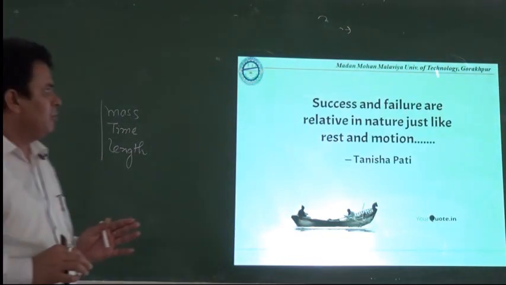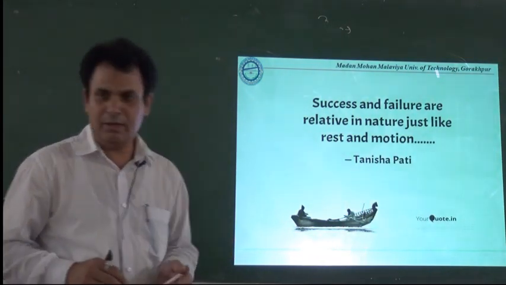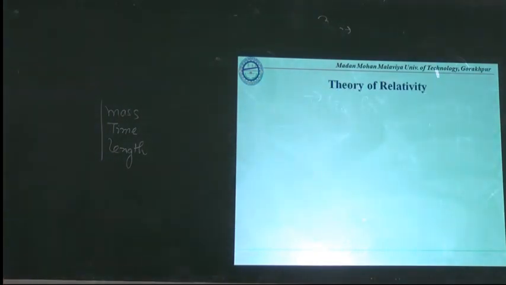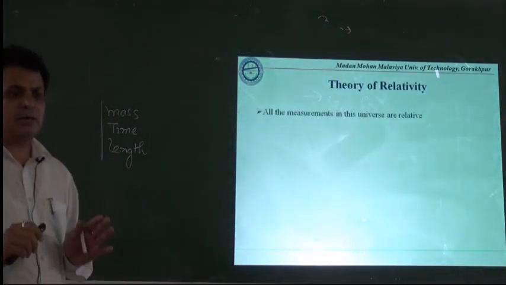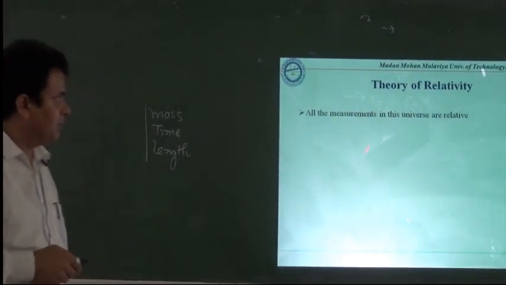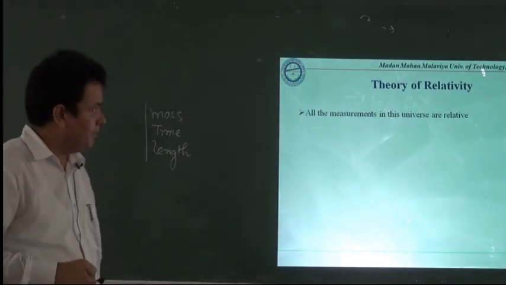Success and failure are relative in nature, just like rest and motion. This is the quote related to the theory of relativity. As far as the basic concept of the theory of relativity is concerned, as I have already stated, all the measurements in this universe are relative.